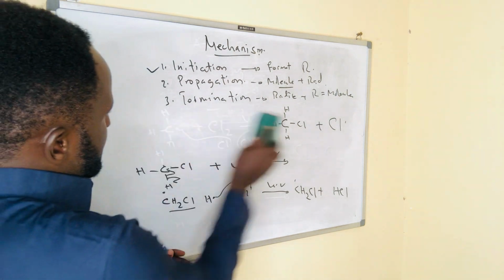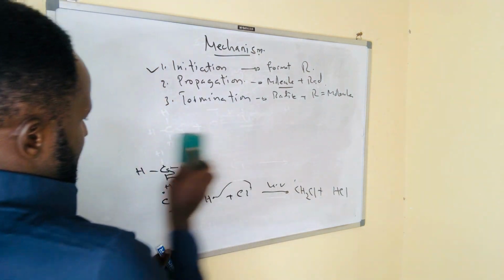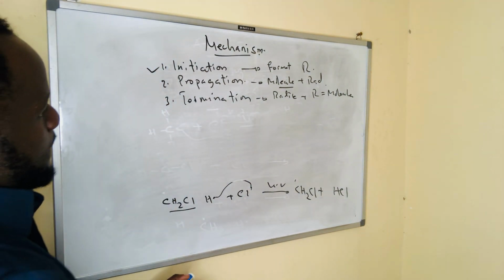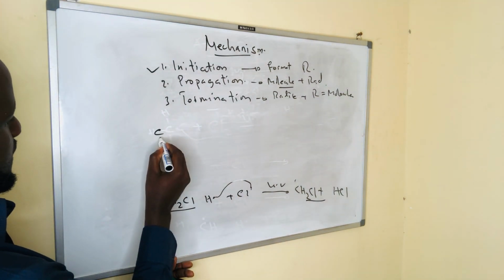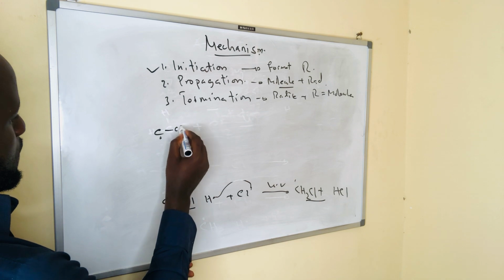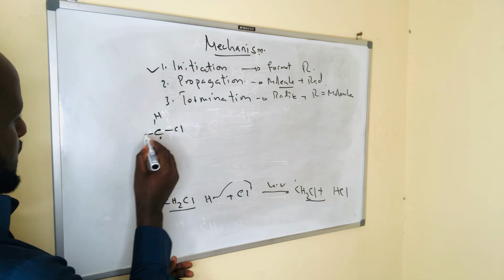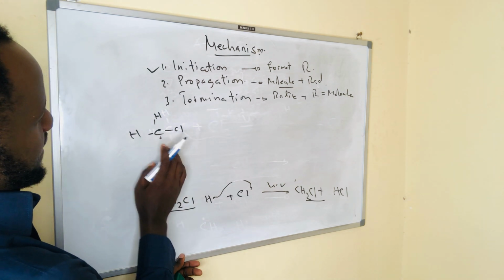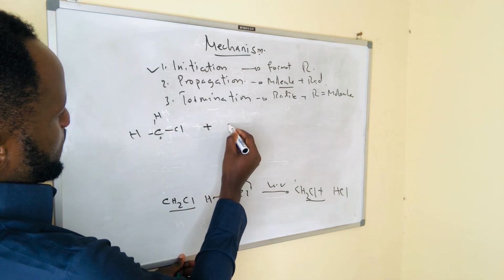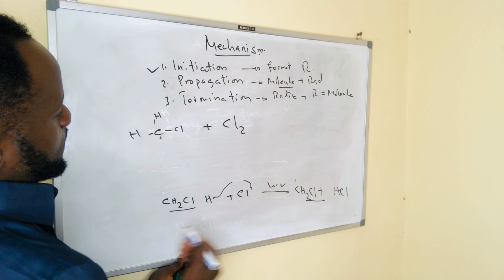And then we proceed with propagation, a reaction between a molecule and a radical. So you take this one as a radical, C radical here, chlorine, hydrogen. So this acts as a radical plus molecule. So the molecule will be Cl2.